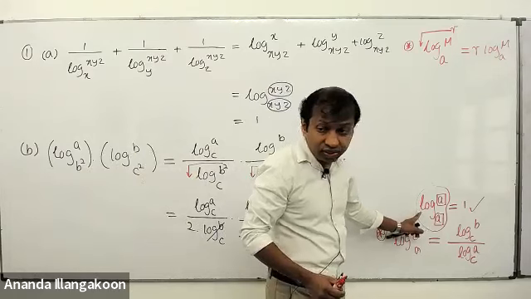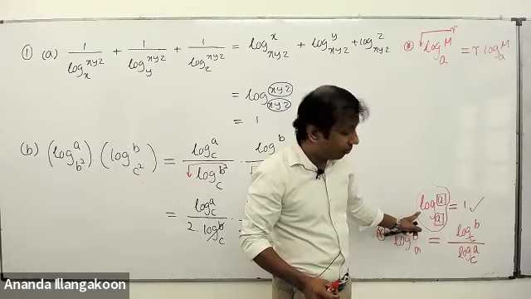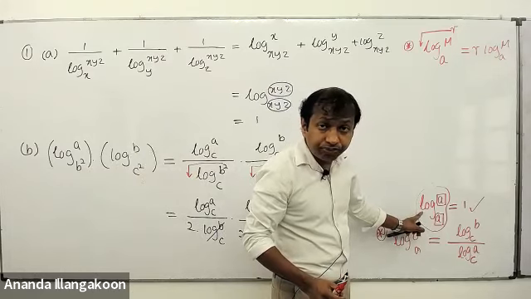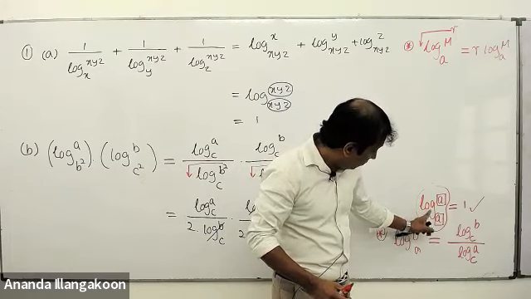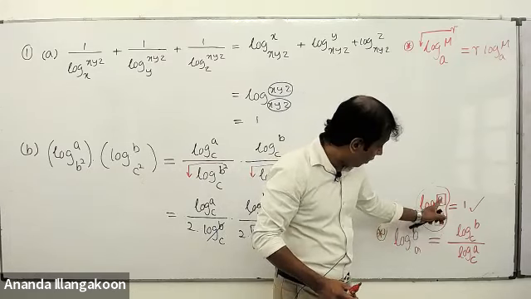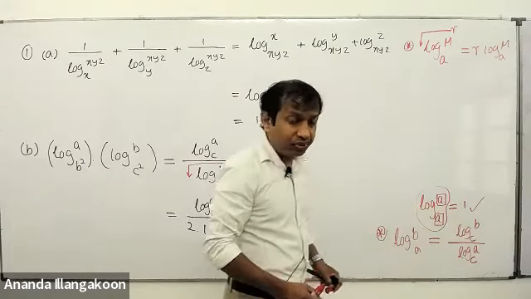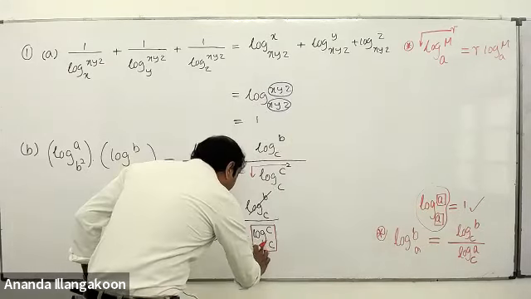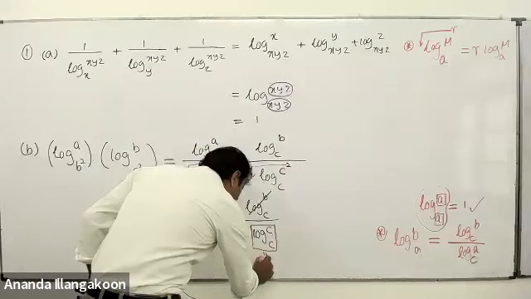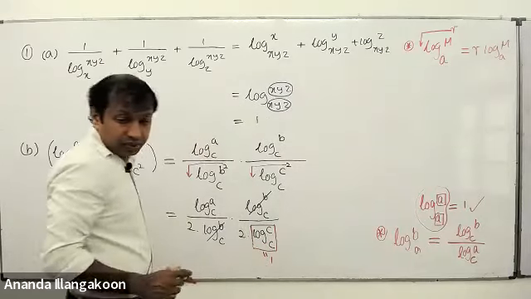Here the same we wrote earlier: base of log is A, number also A, the answer is 1. So therefore, this is really 1. This is equal to 1. This is equal to 1.